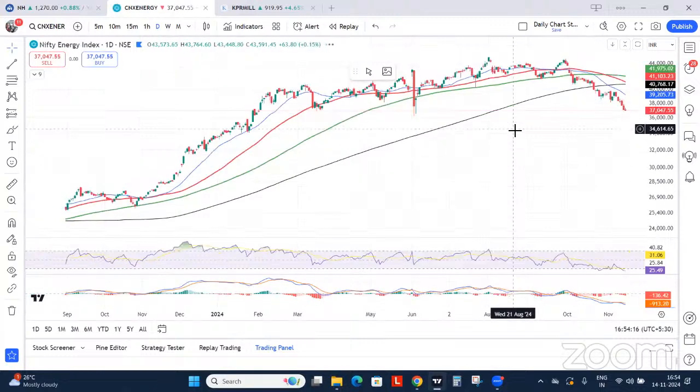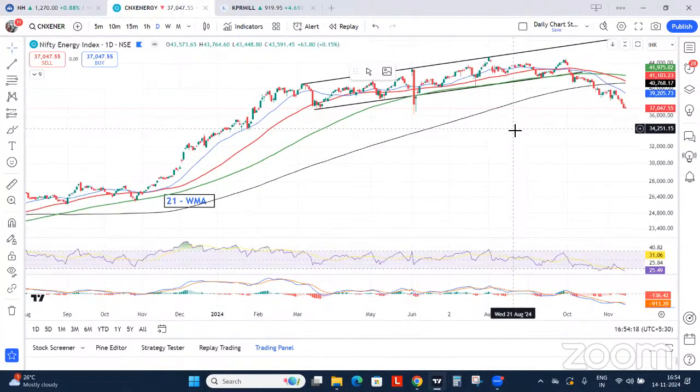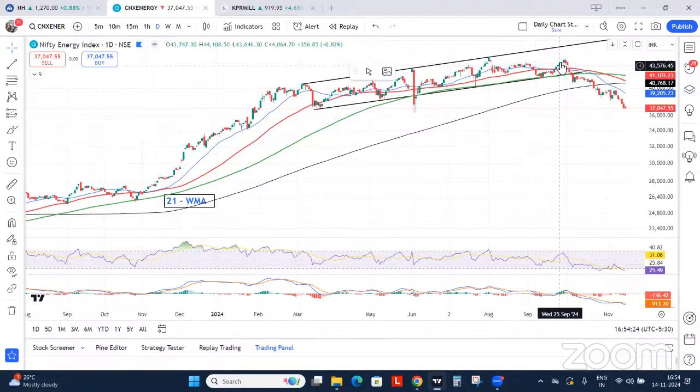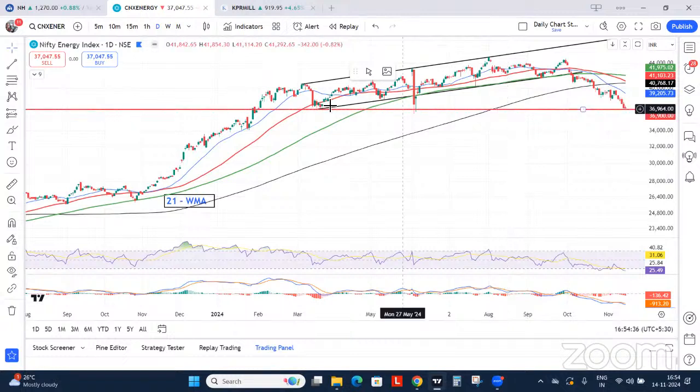And next one is Nifty Energy. This is the one sector where the maximum drawdown happened, almost 10% from the highs, where almost 10,000 points were given up. There has been slight support at this horizontal range, where earlier support was there in March, and also the election day low.